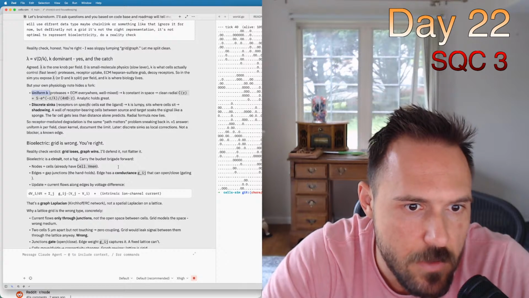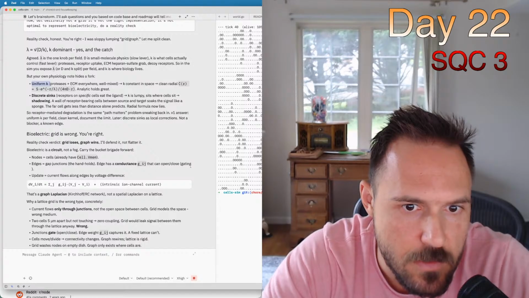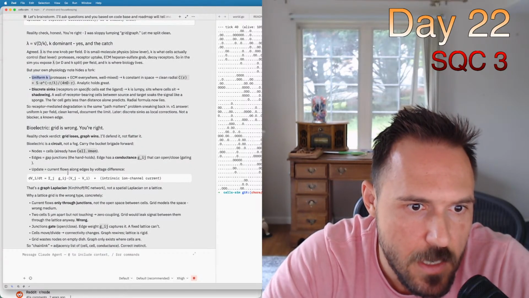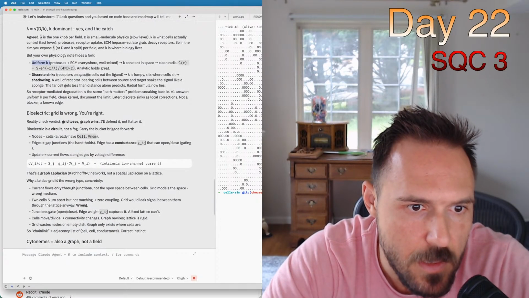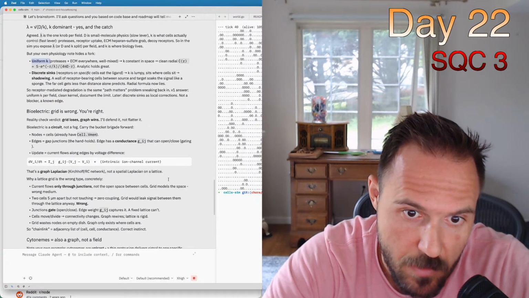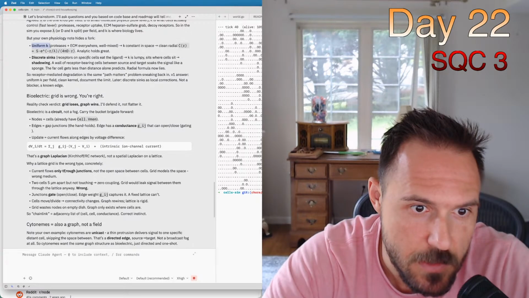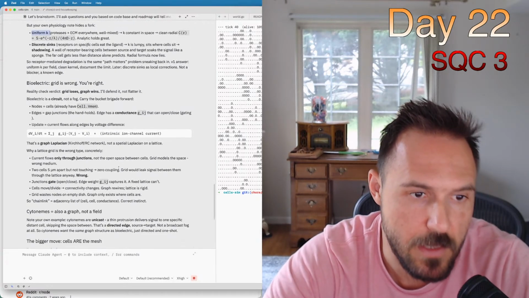Cells already have cells. Edges are gap junctions, the hands of edges. Update current flow along edges by voltage difference. That gap Laplacian is a network, not a special case on a lattice. When the lattice grid is the wrong type. Concretely.